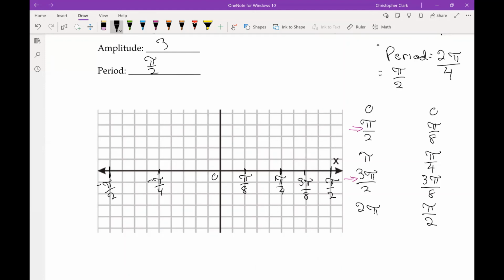This is going to be negative pi over 8, and then negative 3 pi over 8. All right, so now I'm going to draw my asymptotes, which are at pi over 8 and 3 pi over 8, and then negative pi over 8 and negative 3 pi over 8.